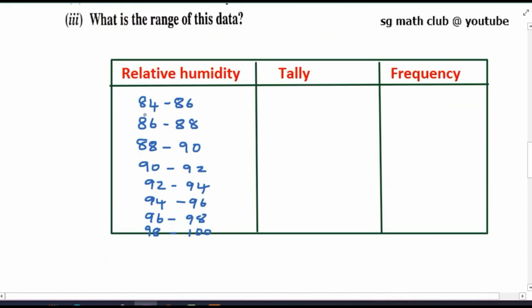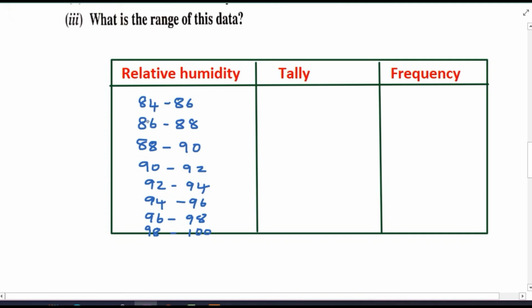I have written all the class intervals, 84 to 86, 86 to 88, etc., till 98 to 100. The lower limit of the first class interval is 84, upper limit is 86, and the class size is 2. We need to subtract 86 minus 84. If it is continuous, you can subtract two consecutive lower limits or two consecutive upper limits. So class size is 2.